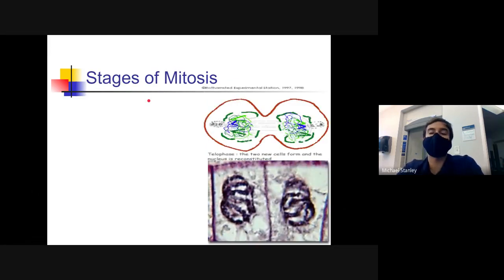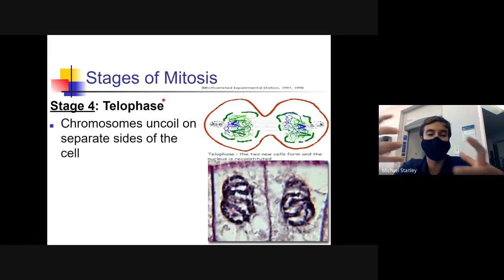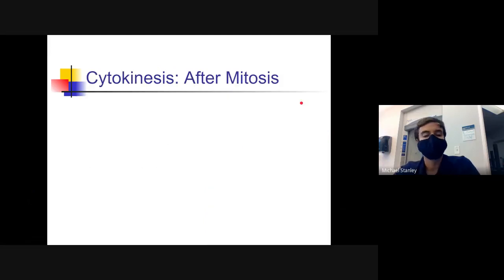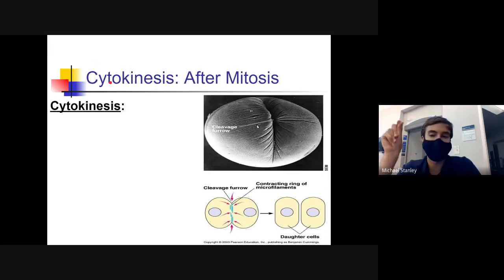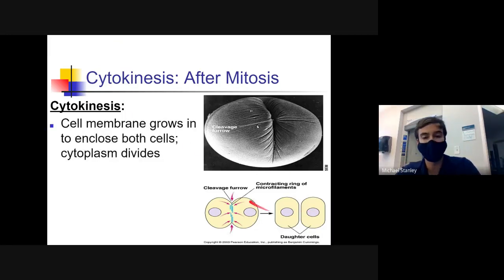We then have telophase, where everything starts to kind of come back together. So the DNA becomes less tightly scrunched up, and the nucleus starts to reform around our chromosomes. And then finally, at the very end of everything, we have that cytokinesis, where we do that final little pinch apart and separate the cells so that they become two distinct new cells.